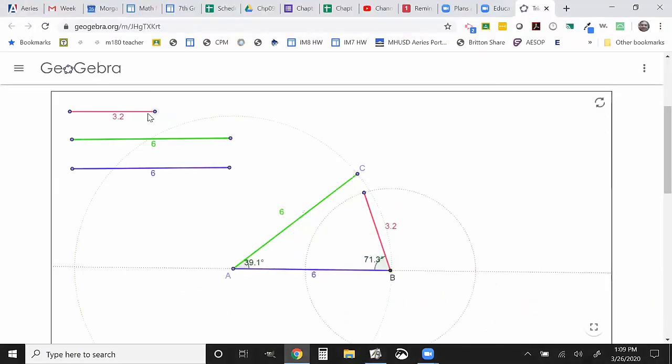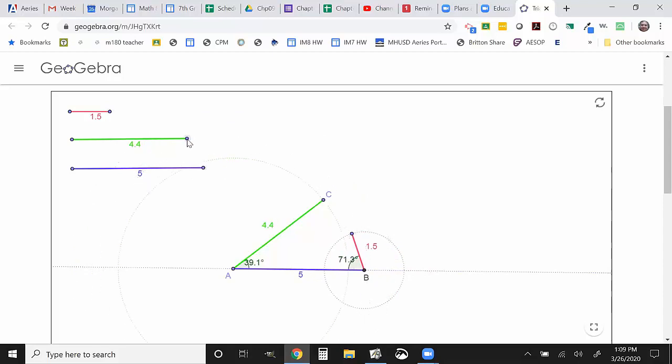So let's see, 1.5. Now, take a look at your triangle, and look at my triangle.